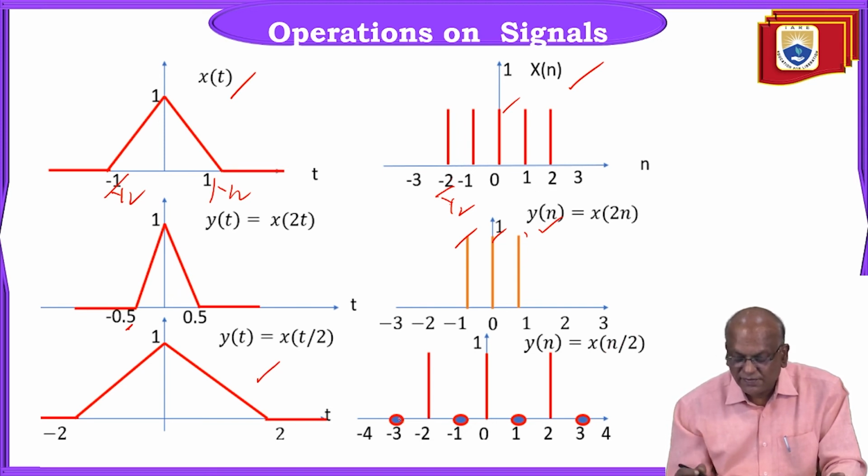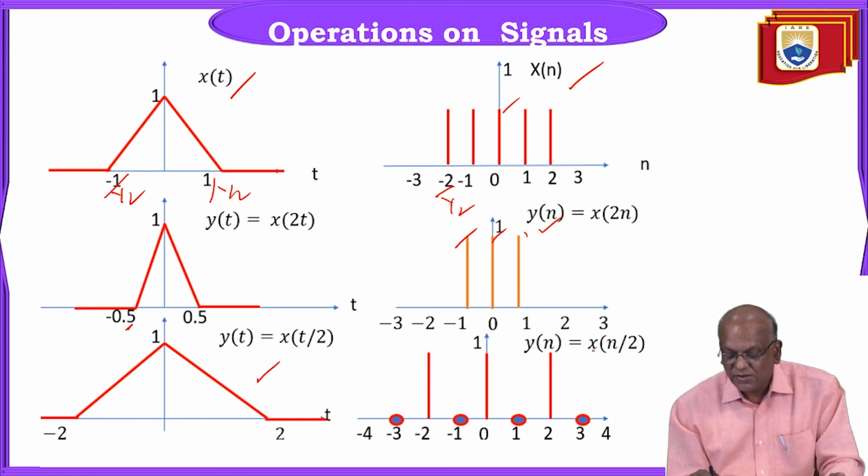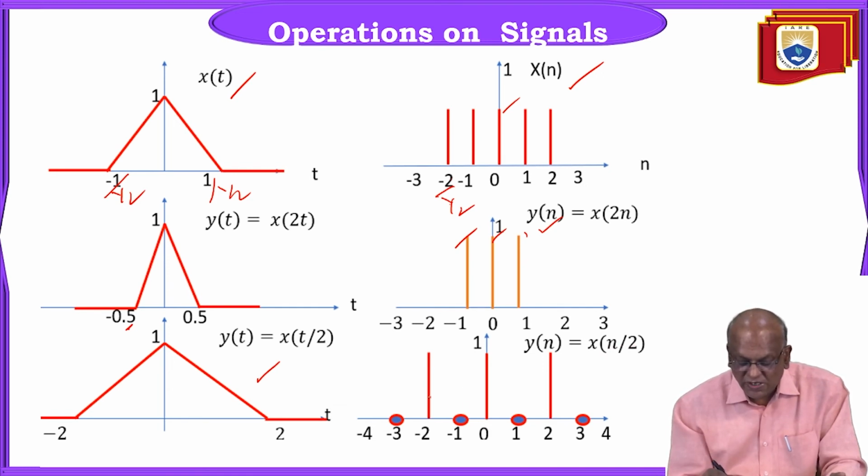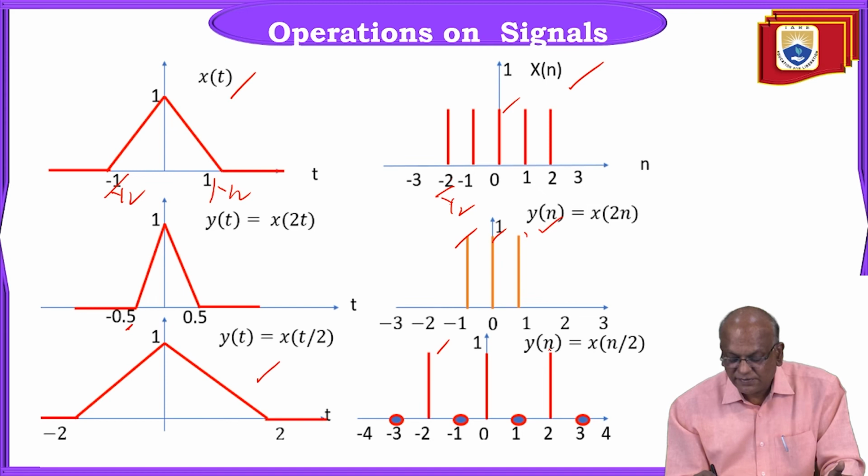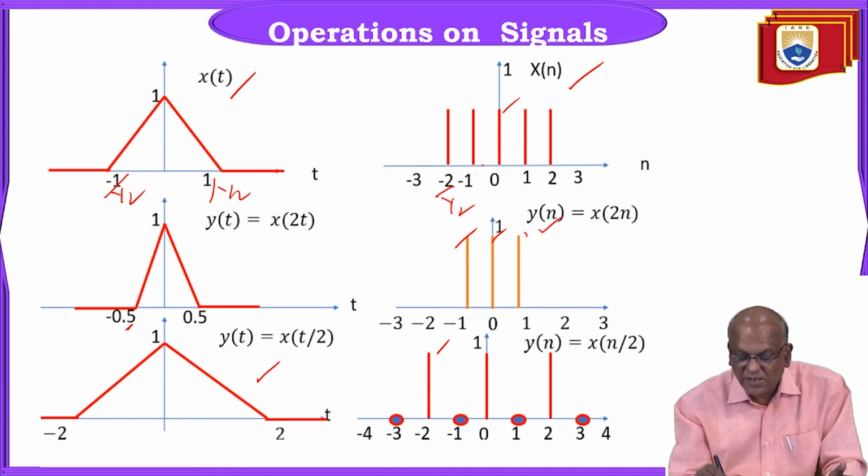That's why the value will be 0. y of minus 2 equal to x of minus 2 divided by 2, that means x of minus 1, and x of minus 1 value equal to 1. So 1. Suppose y of minus 1, nothing but x of minus 1 by 2. It is x of minus 0.5, and x of minus 0.5 value equal to 0.